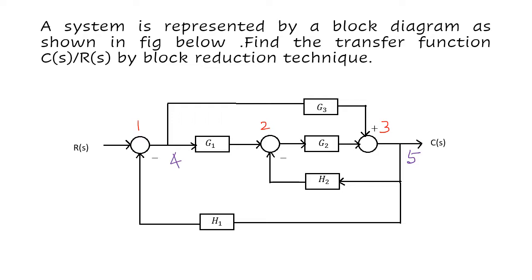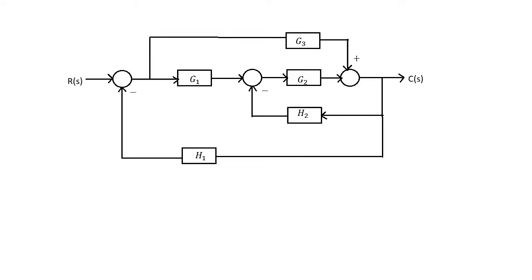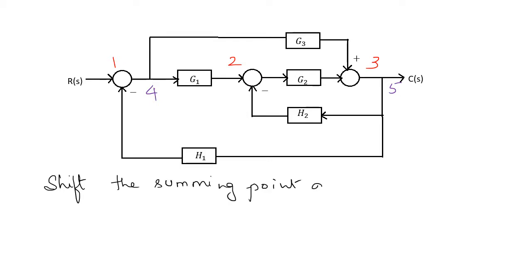So now we have summing points 1, 2 and 3, and takeoff points 4 and 5. First we shift summing point 3 to the left of G2. That means we shift it from here to this point.